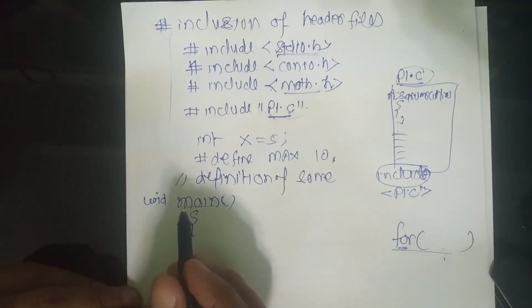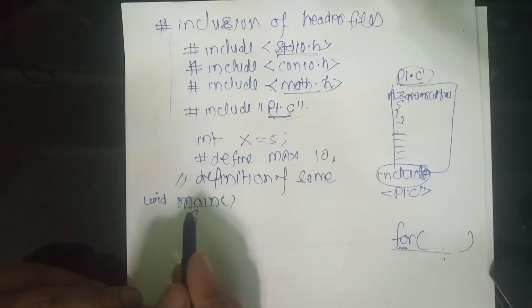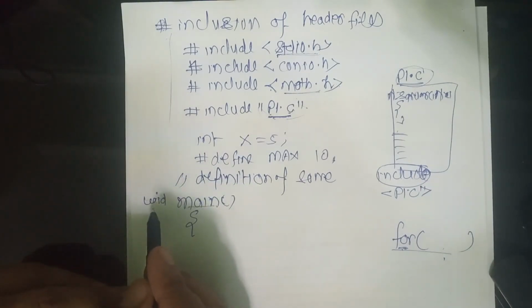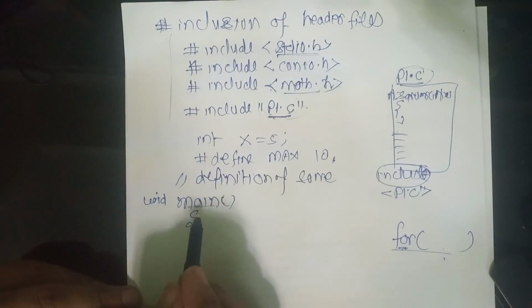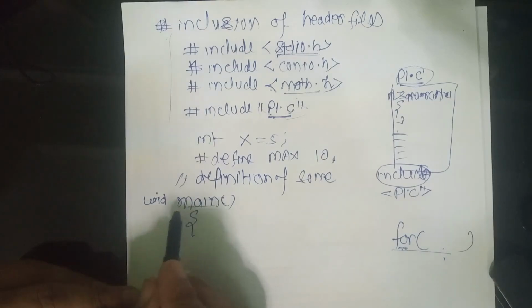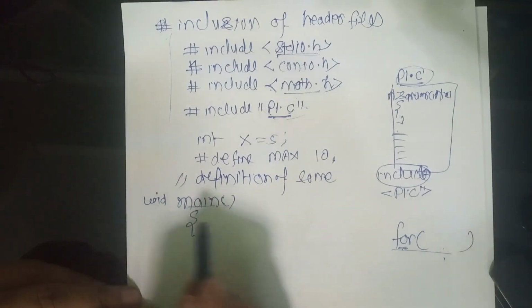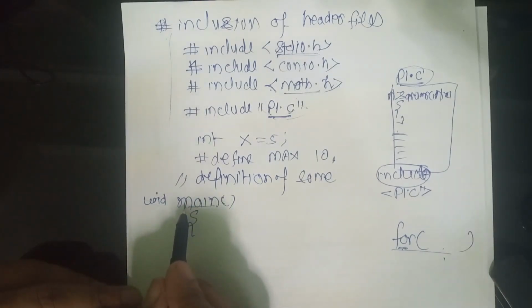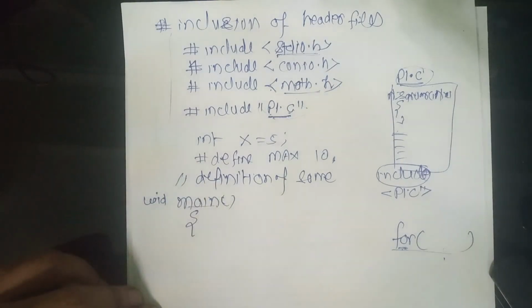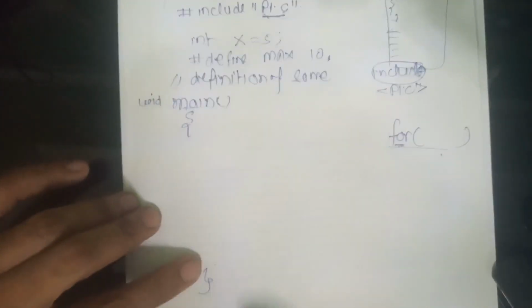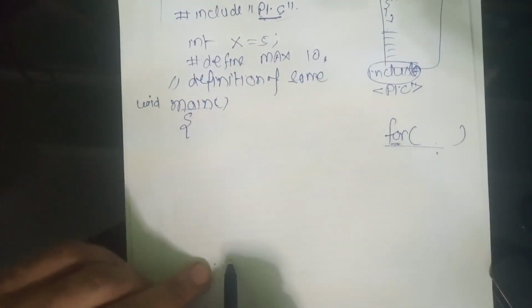Main function also returns a value to the operating system, so we should write int here, but we can also write void. We will also tell later what the purpose of returning an int value is. In one line we can understand now: if we are returning int, then we have to return either 0 or 1.